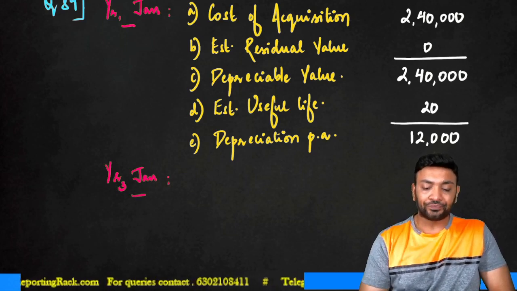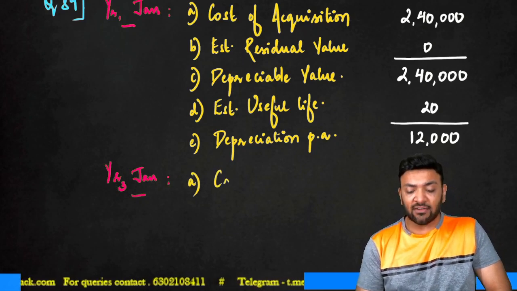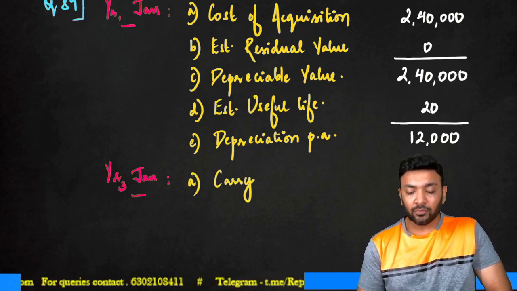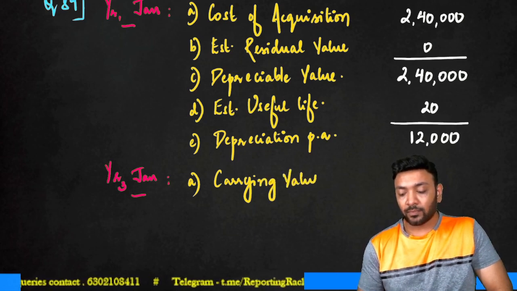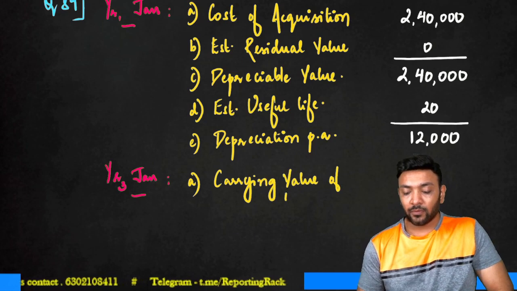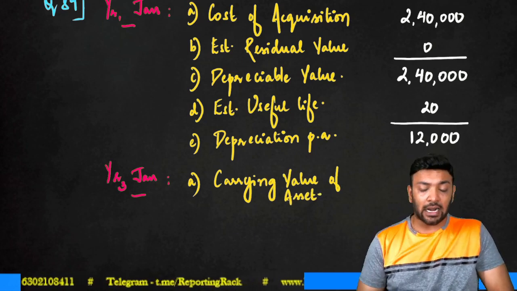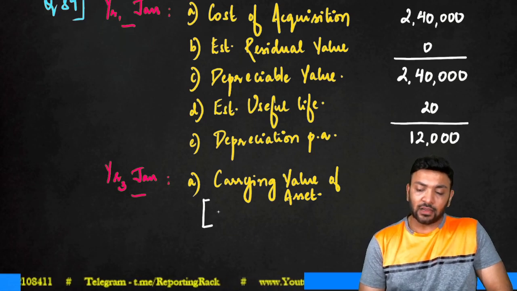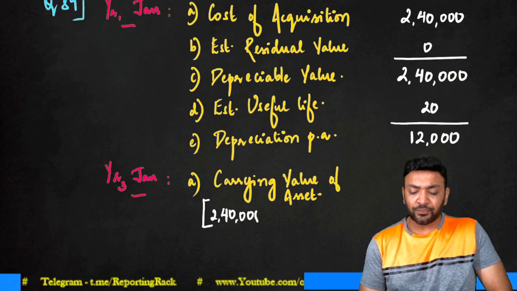Let's see, on that day, what is the carrying value of the asset? To determine the carrying value, I will apply the computation. 2,40,000 is the original cost.